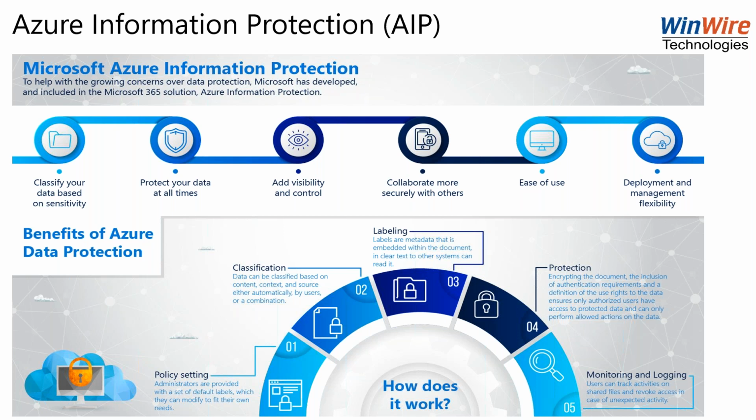And if I look at this, this may look like a complex diagram, but at a higher level, you have to be defining policies, and the first step is classification, right? So how do you classify the data?